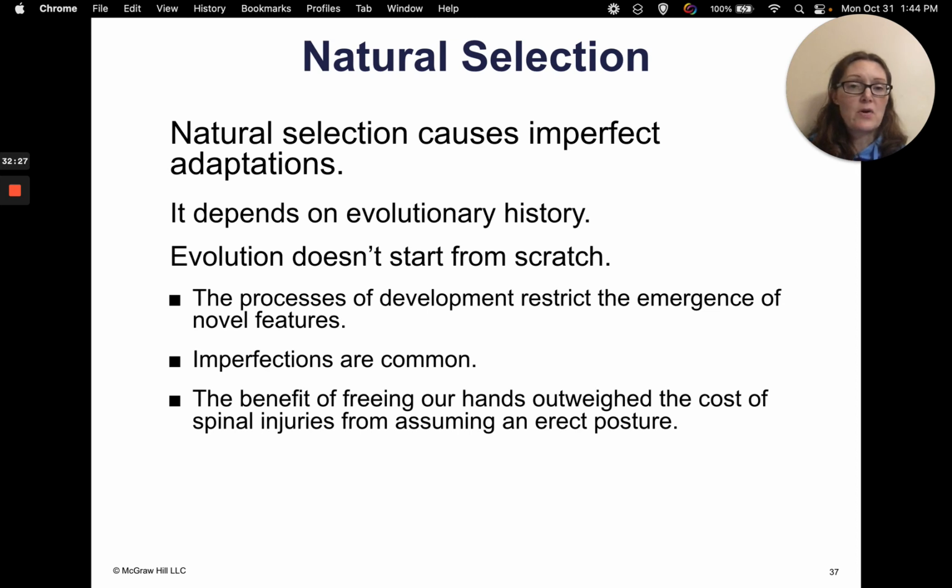Us being upright does lead to more spinal injuries, but it does free our hands up to do many more things. By having our hands free, we're able to manipulate objects and carry things and move things around and do many more things than organisms that need to use their hands. So that was a benefit to us to become bipedal and free up our hands to do other things with.